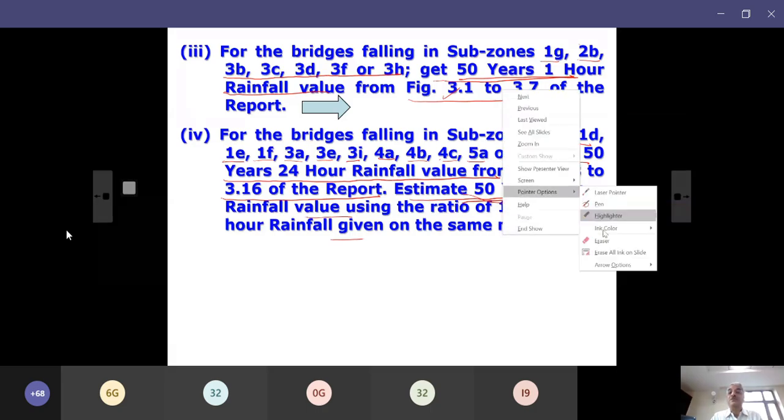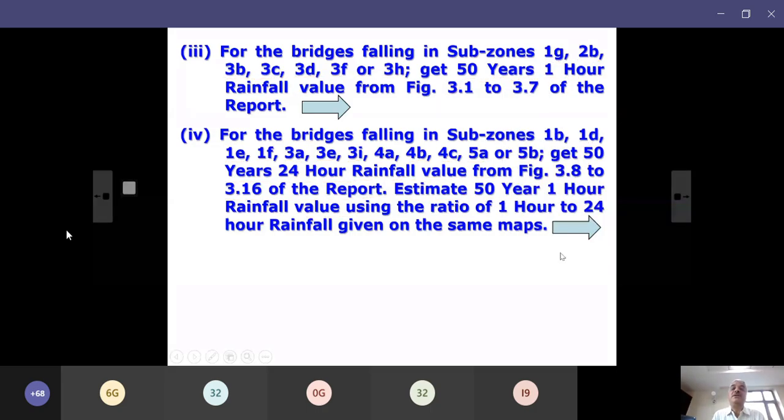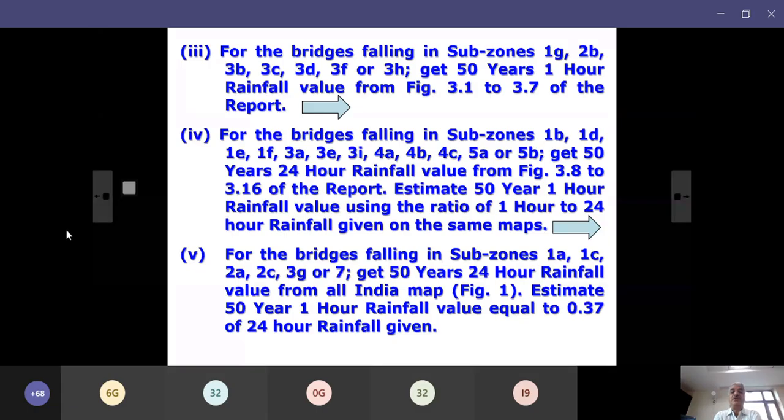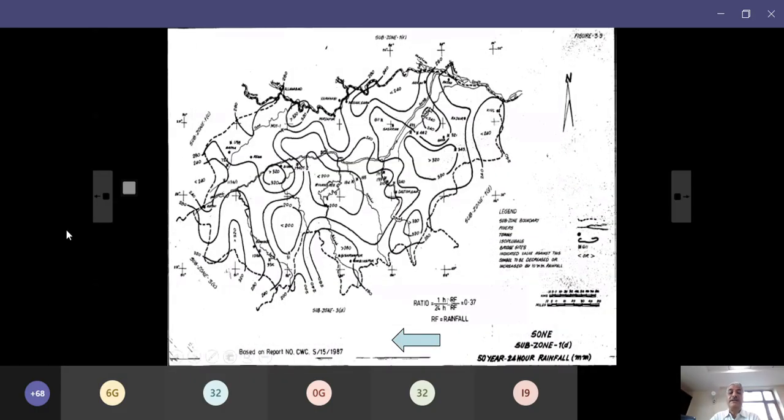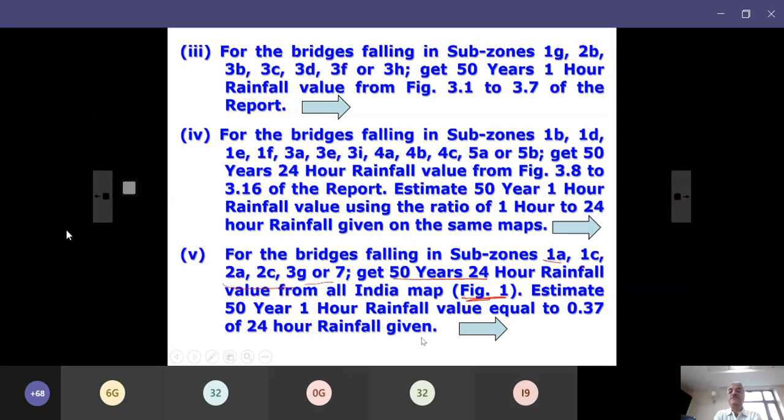But there are some zones for which even these values are not available. We have only covered 16, whereas there are 26 reports. So for those zones, which are the zones 1A, 1B, 2A, 2C, 3G, 7, etc., there again you have to go to the same figure 1, the map of India that I was telling you about. Reading it is a bit difficult, the scale is bigger, but you go and take the value from here, and then multiply that value by 0.37 to get the 50 years 1 hour rainfall.